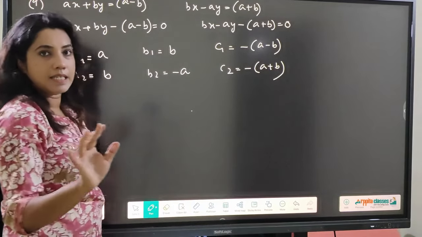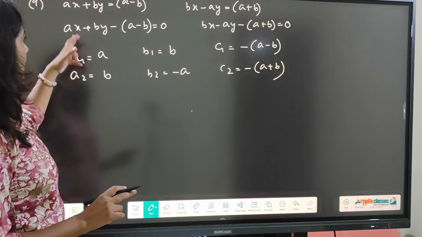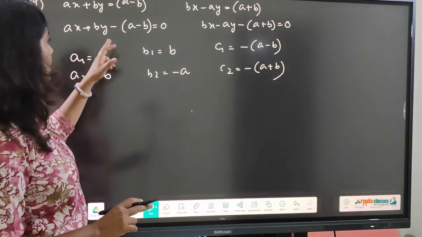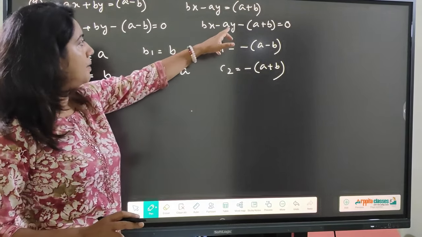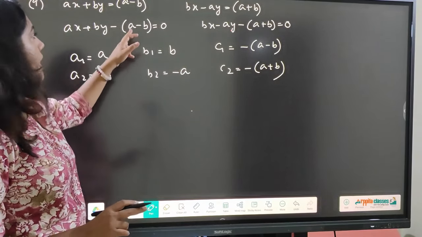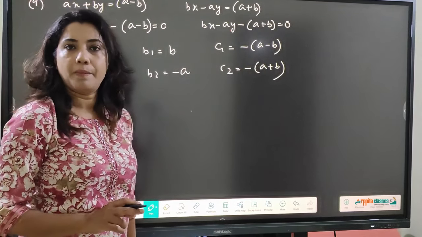I hope everyone is understanding. a1 is the coefficient of x of the first equation, so that's a here. a2 is the coefficient of x of the second equation, that's b here. b1 is the coefficient of y of the first equation, that's b. And b2 is the coefficient of y in the second equation, that's minus a. The constant term here is minus a minus b, and here it is minus a plus b.